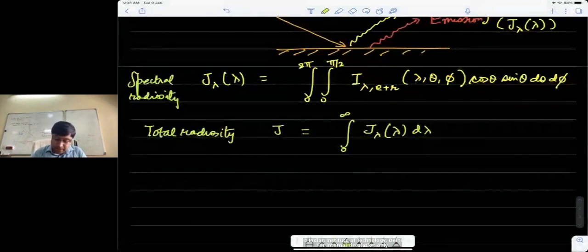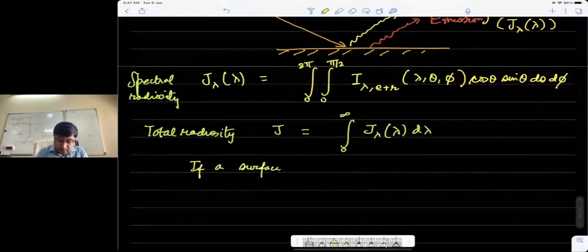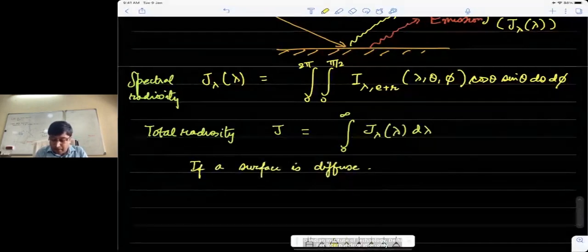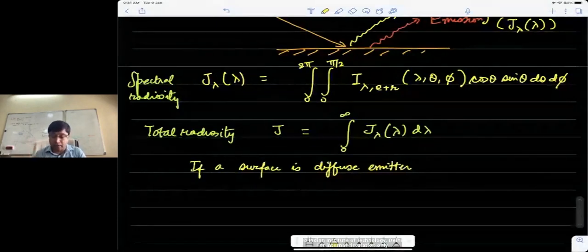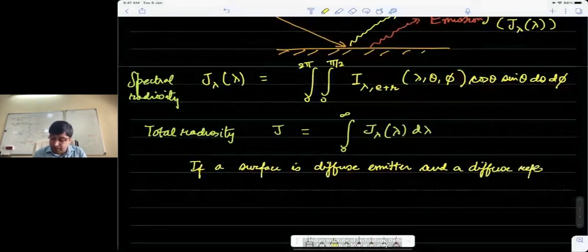Now, if a surface is both a diffuse emitter and a diffuse reflector, a diffuse emitter would be one in which the emission is independent of direction, and a diffuse reflector would mean that the reflected radiation is also independent of direction.